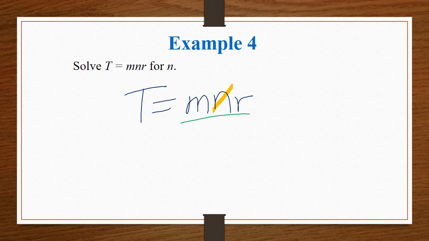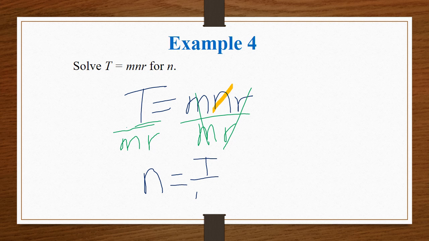Because I am multiplying M, I'm going to divide M. Because I am multiplying R, I'm going to divide R. What I do to one side, I'm going to do to the other side. These cancel out. And now N is alone. So once N is alone, what does it equal? That's all T over M R.